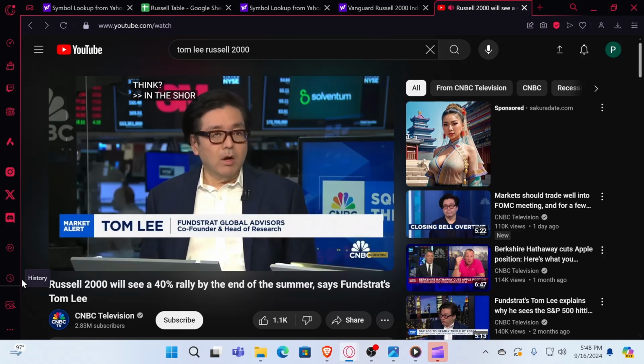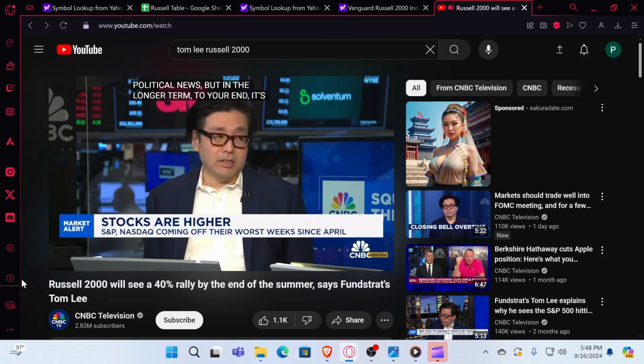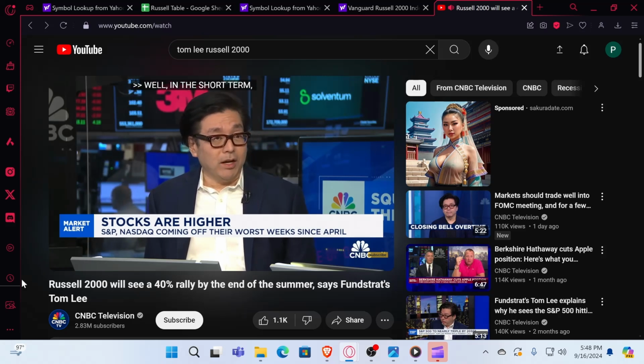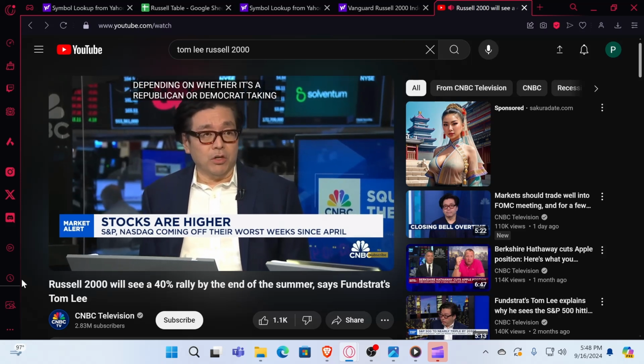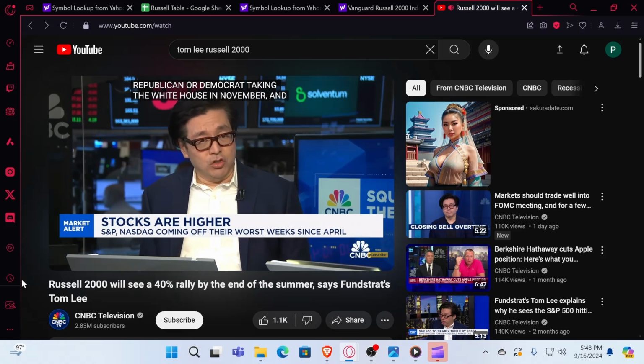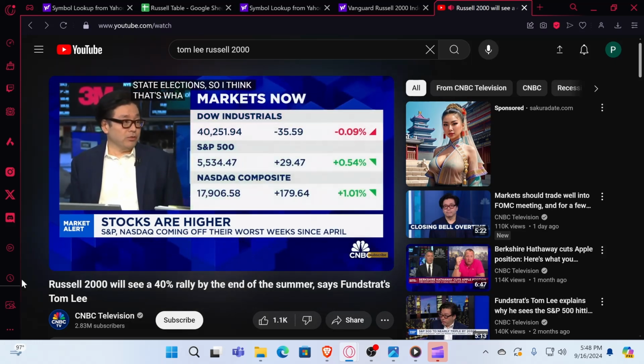Explain why. In the short term, markets are very sensitive to, especially at the sector level, whether it's a Republican or Democrat taking the White House in November, and then especially all the congressional elections and state elections. So I think that's what you saw last week, as probability shifted towards Trump, small caps, industrials, financials rallied.